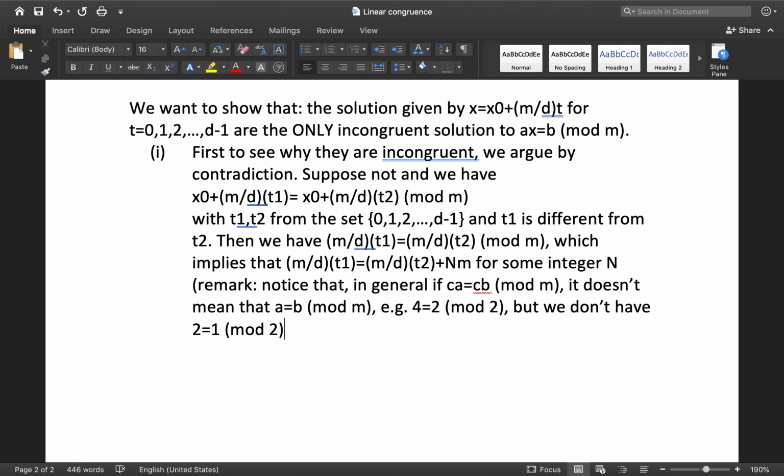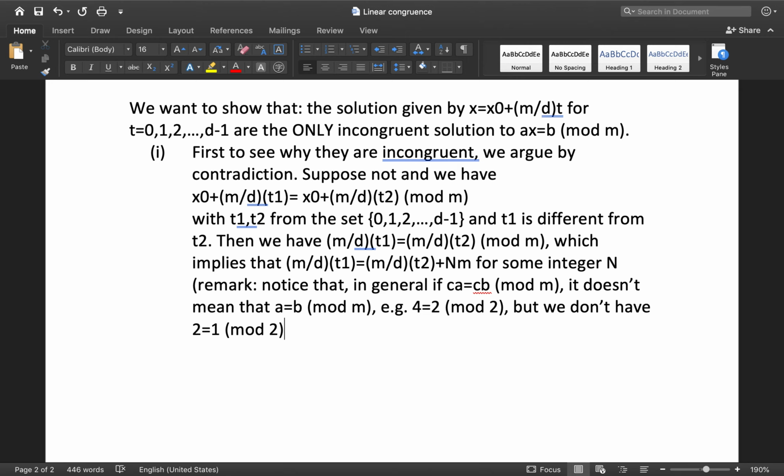Now one of the reasons why we don't have it is because it's a similar concept to division, okay? Because in division we cannot divide something by 0, right? And here one of the key reasons why we don't have the cancellation is because the number that we want to cancel, in that example, is in fact congruent to 0, right?